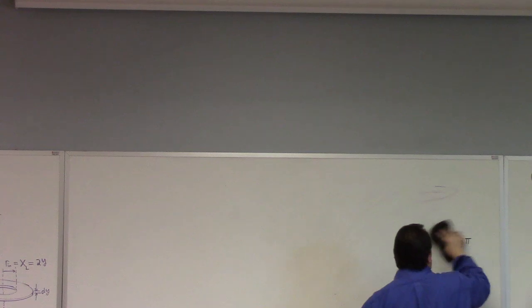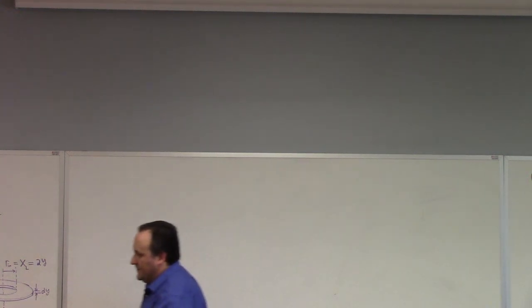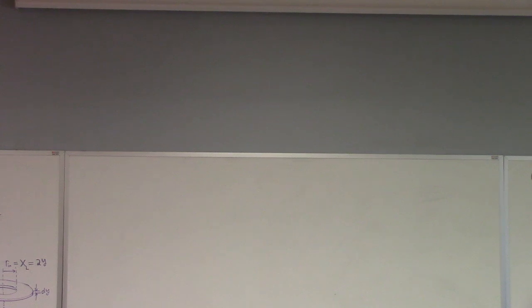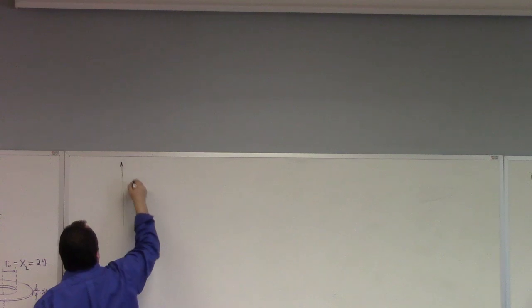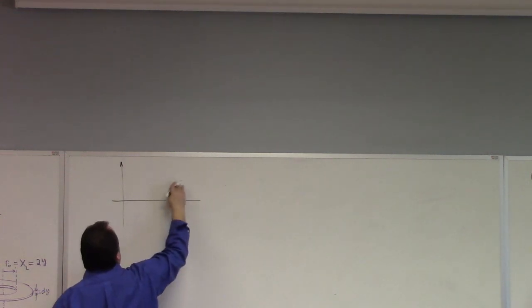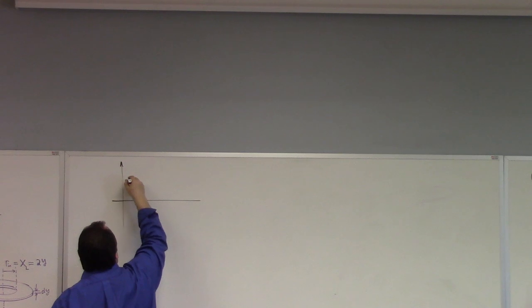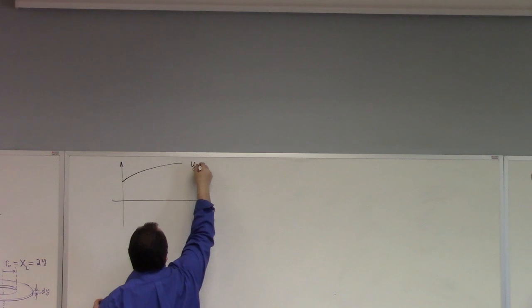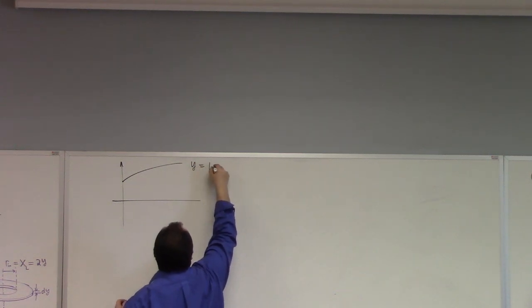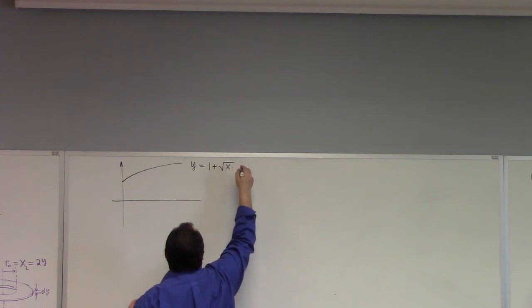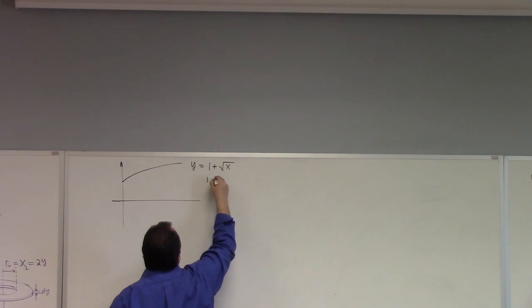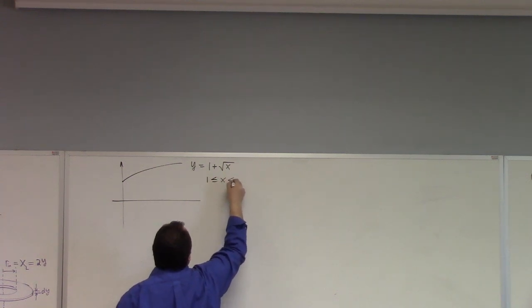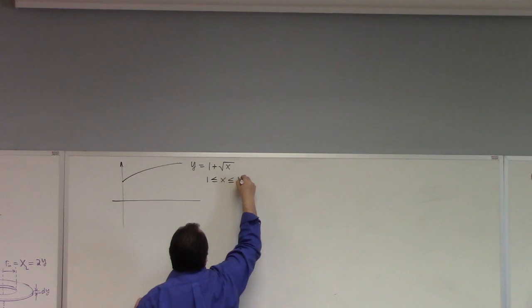Here, let's try, come up with something here. Let me look at this following region. I'll look at y equals 1 plus the square root of x. And we'll say 1 less than or equal to x less than or equal to, oh, let's say 4.